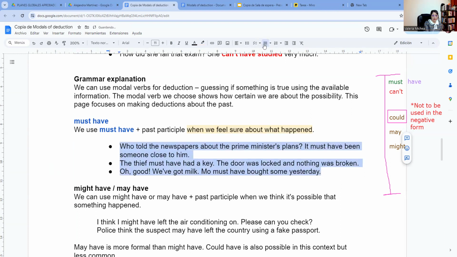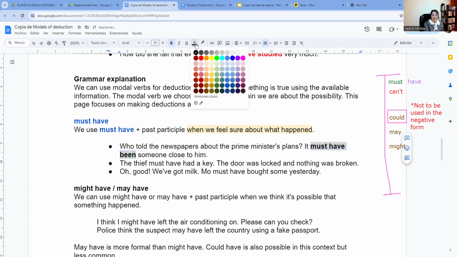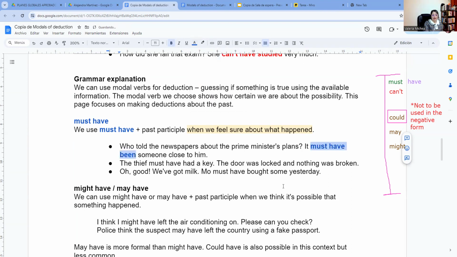So who told the newspapers about the Prime Minister's plan? It must have been someone close to him. This is my guess, this is what I think happened. And I say this because I have a lot of evidence. It has happened before, probably.